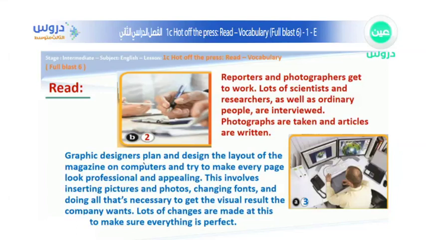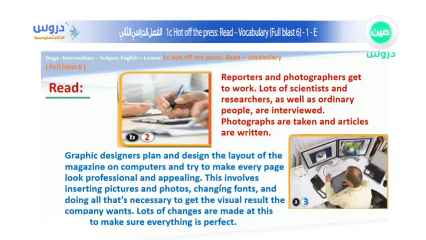3. Graphic designers, people who work on a computer to show you the visual effect of the magazine, plan and design the layout of the magazine, how the pages should look on computers, and try to make every page look professional and appealing. Appealing means beautiful. This involves inserting pictures.